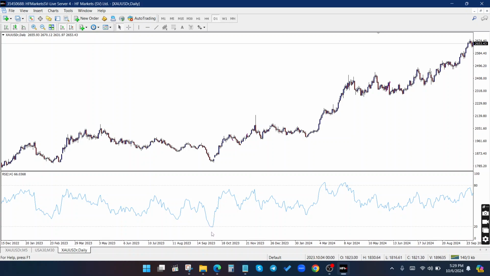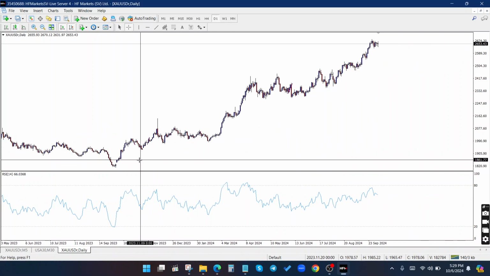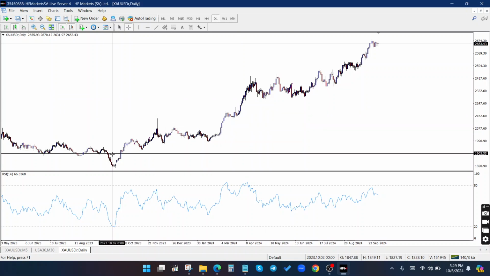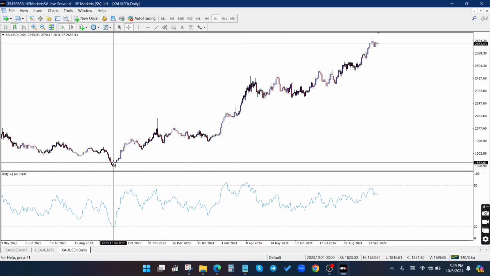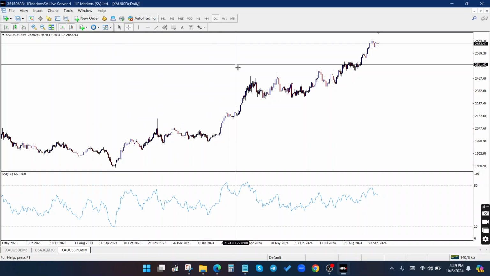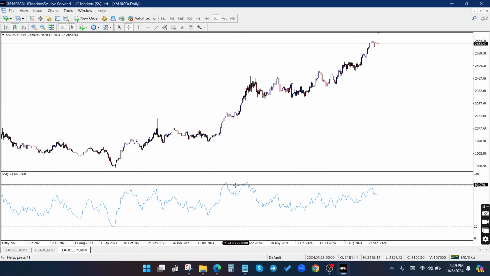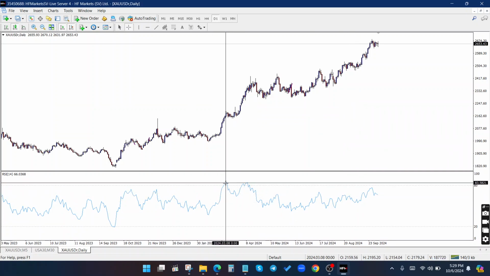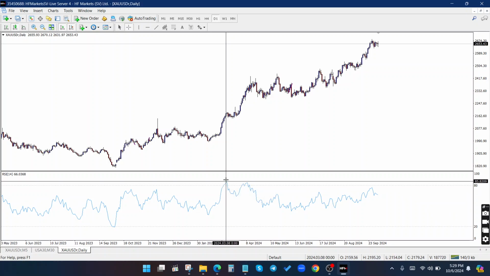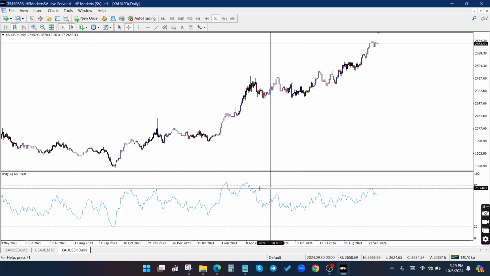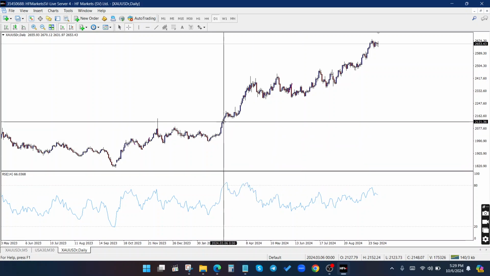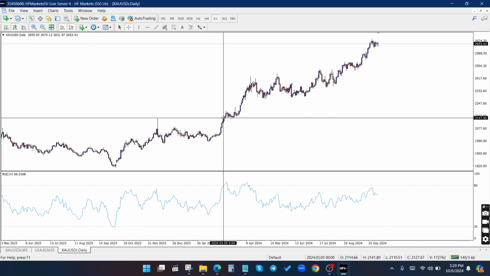You can see that if we had entered a buy from here, the price kept buying for a long time, right from October 2022, though this is the daily time frame. Up to this point, it is still buying. Although we could have considered exiting our buy trade around here when the price entered the overbought of 80.